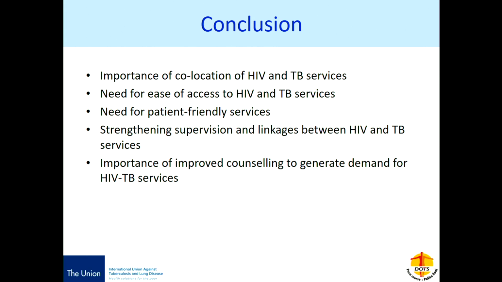There is a need for strengthening supervision and linkages between HIV and TB services in this district, as well as a need for improved counseling so that the demand for HIV-TB services is generated amongst the intended population.